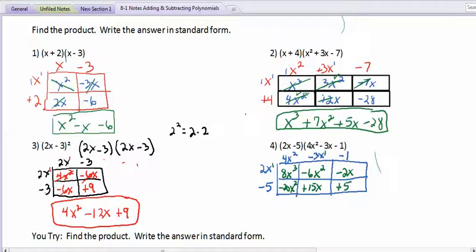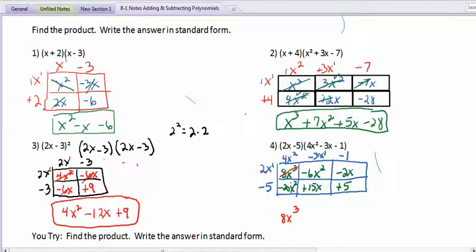Okay, now we're going to combine like terms. So how many x to the thirds do I have? And I can't find my cursor this afternoon. There it is. Okay, I have 8x to the third. I use that one. There's no other one, so I'm going to cross that off. And then I have an x to the second here and x to the second here.